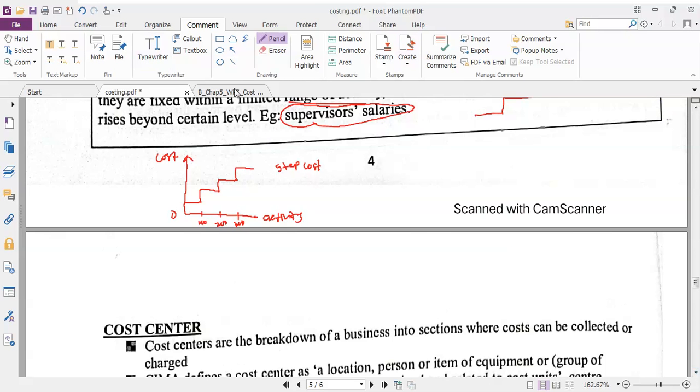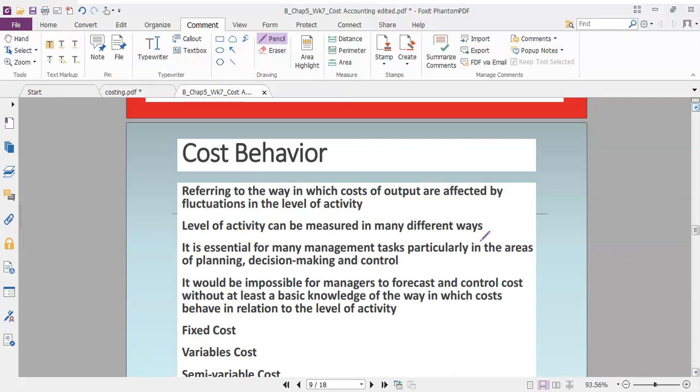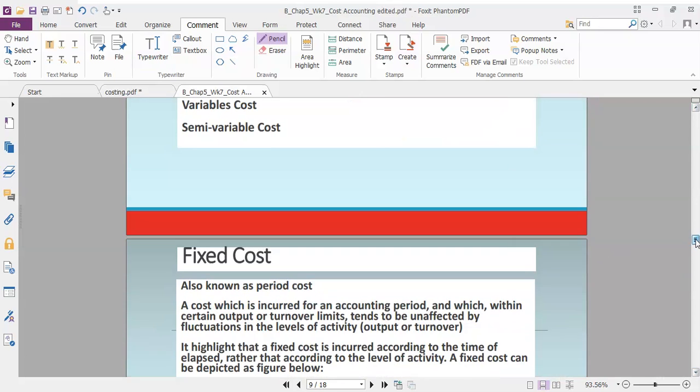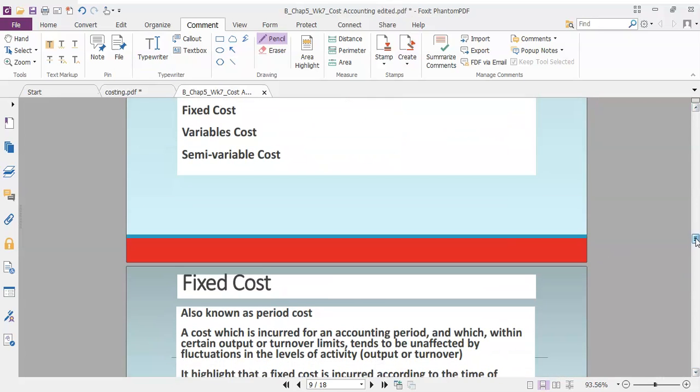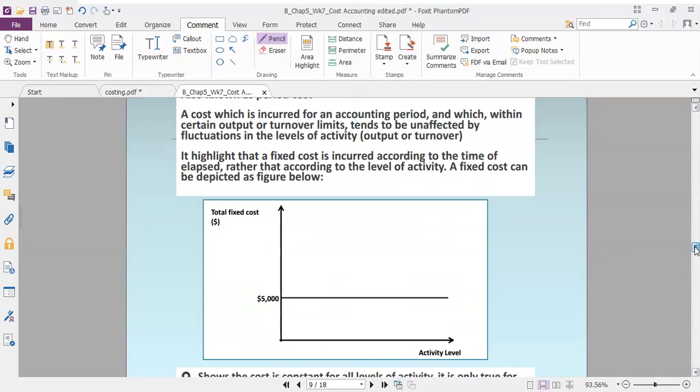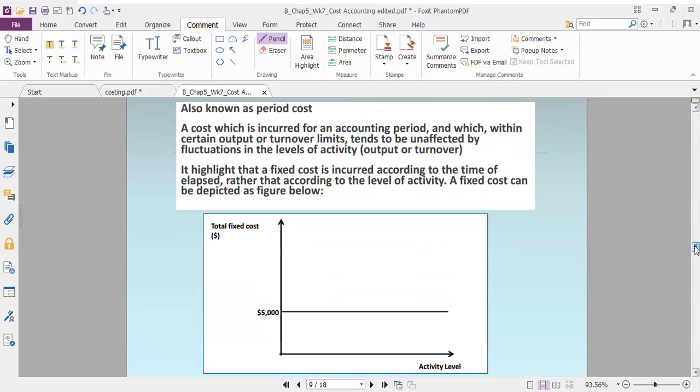Kat sini ada tak dia cakap pasal step cost? Kat dalam slide lagi satu dia ada 3 sahaja, iaitu fixed, variable and semi variable. Okay, kat sini pun ada contoh dia punya graph.